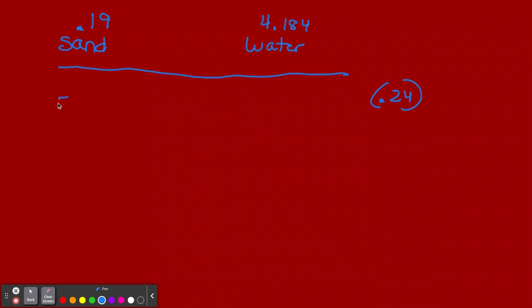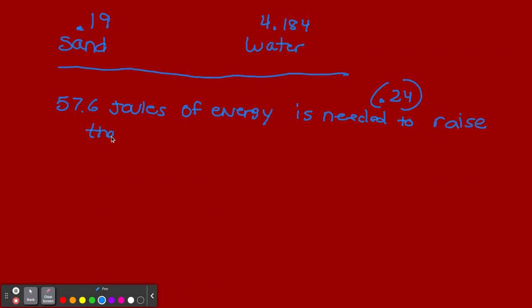So let's say 57.6 joules of energy, from our other answer before, is needed to raise the temperature of 12 grams of silver 20 degrees.